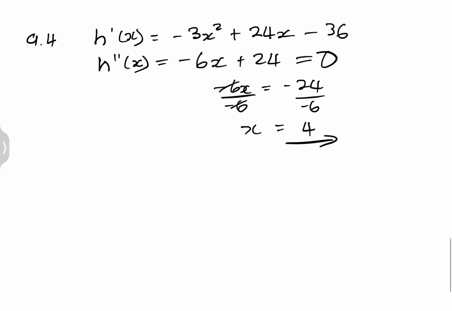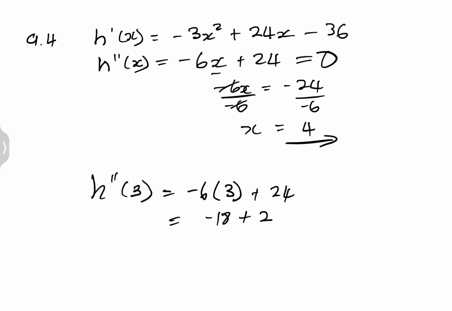So you take the double derivative at 3, meaning I'm substituting that value to check. Our double derivative was minus 6 times 3, that's x, plus 24. So that would be negative 18 plus 24, and that gives you a positive 6.